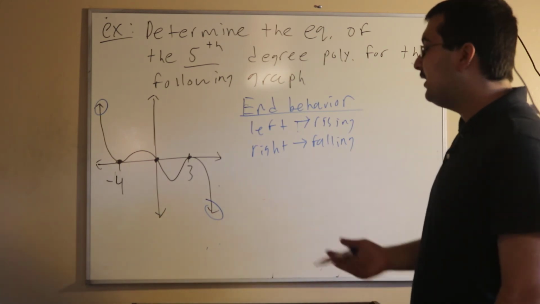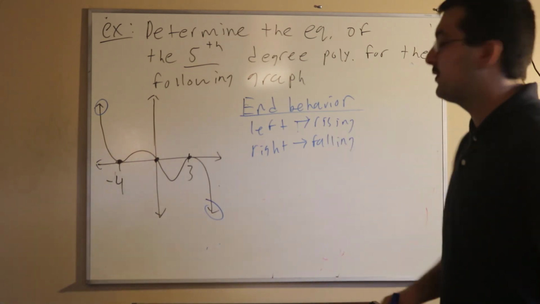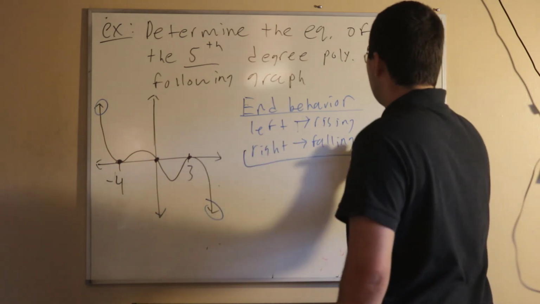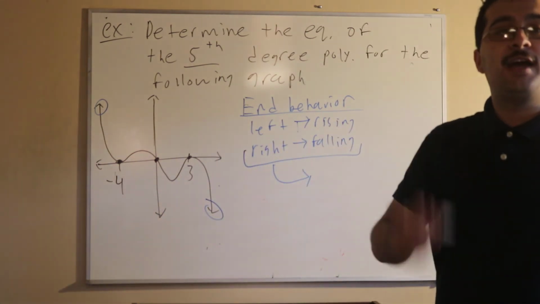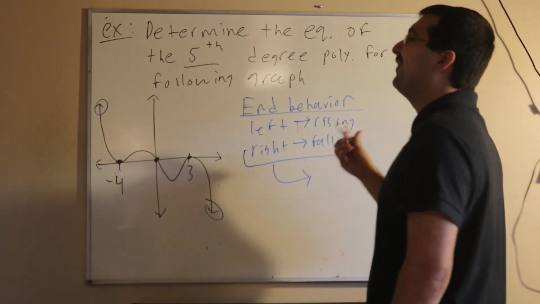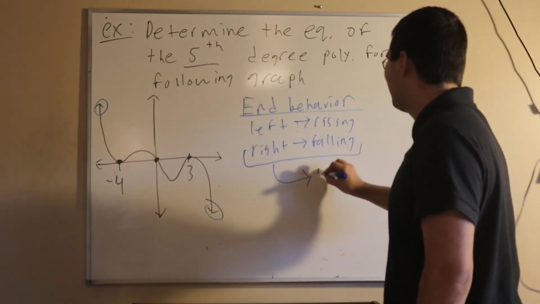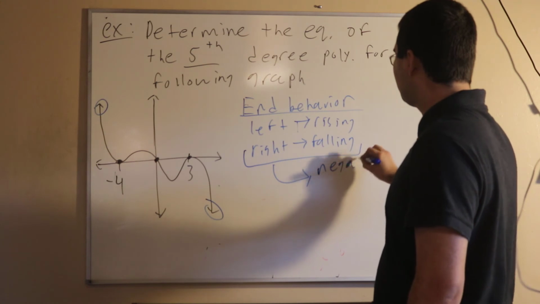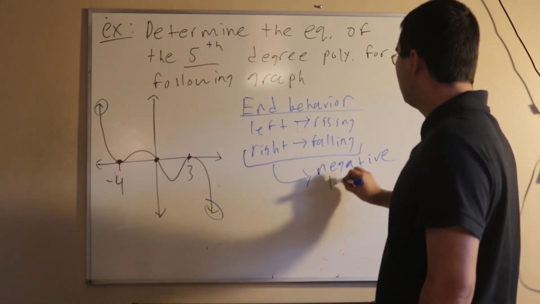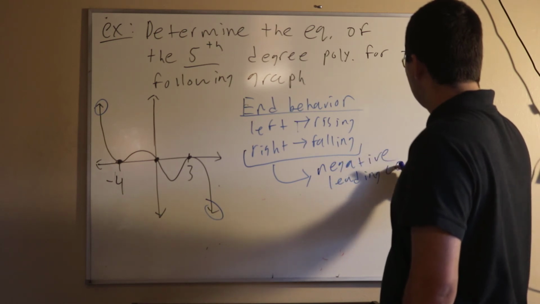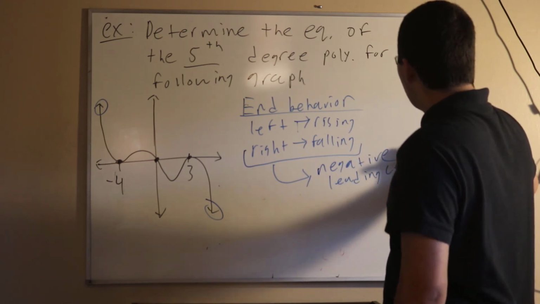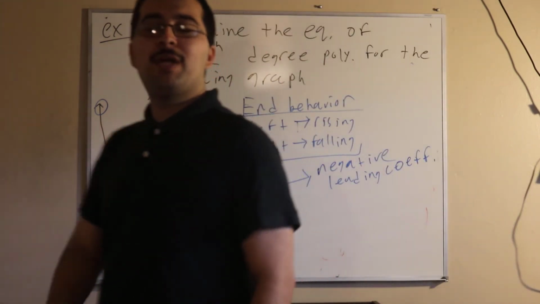So our leading coefficient has to be negative. Great, so now we understand 2 of the 3 pieces of information we need.